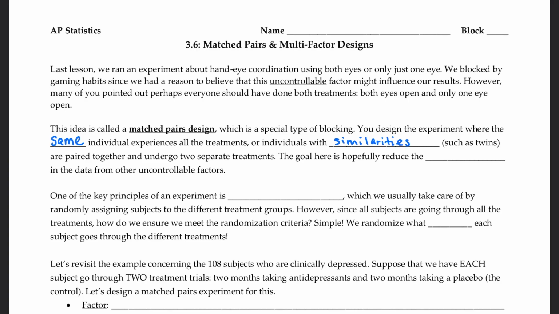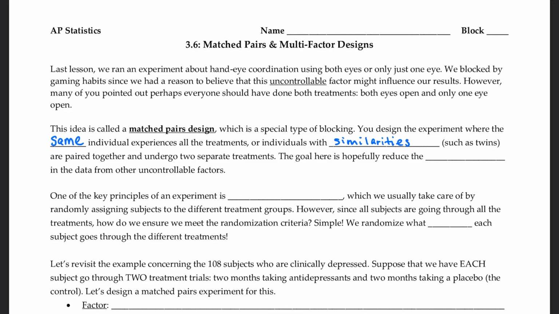Most often, this is with twins. Identical twins are great for these scenarios because if something has to do with their body or health, they're identical, so it works out well. The twins are paired together and undergo two separate treatments, but they're treated like a single person in that sense.